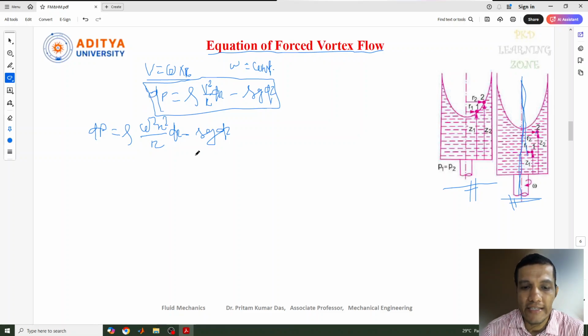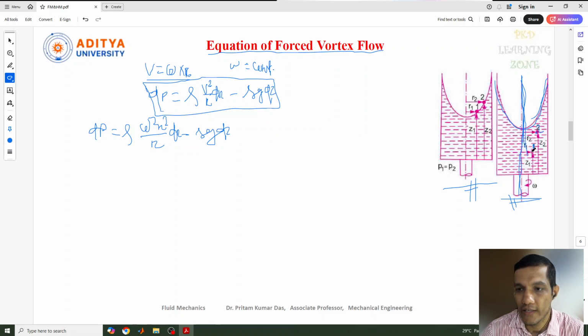Now let's consider two points in this diagram, point 1 and point 2. These two points in the fluid are in forced vortex flow, because after rotation of the shaft the vortex formation happened.